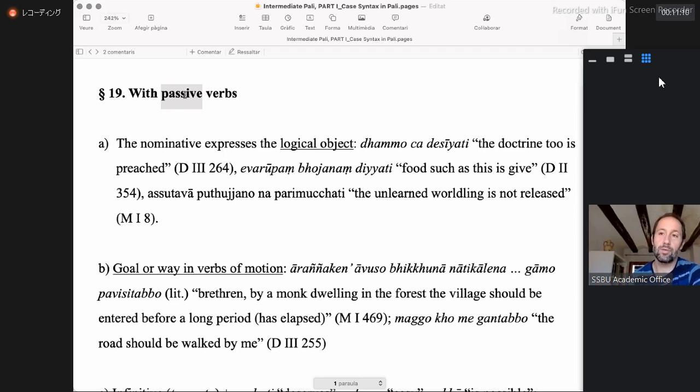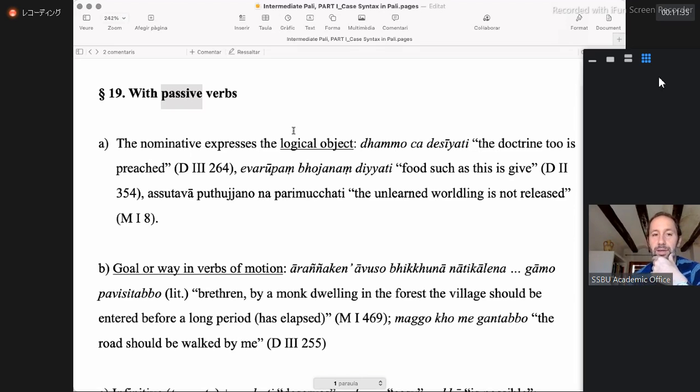And who is doing something in the passive sentence is an agent. There's also an agent, but that agent is not the grammatical subject of the sentence. In Pali, we express that agent with the instrumental case, or the tatiya vibhatti, in the sense of katta. The function, the karaka, is katta.